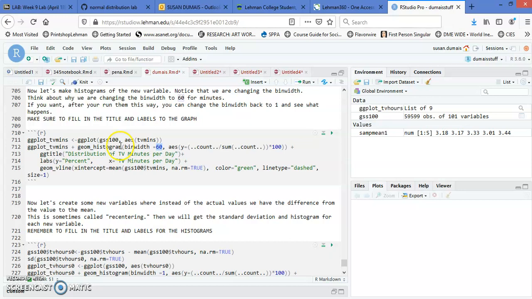And when we're looking at minutes, we have a bin width of 60. There's 60 minutes in an hour, so we are going to adjust accordingly. And we are making that same vertical line. And this time we're doing it at the mean of TV minutes rather than TV hours. So let's do this.